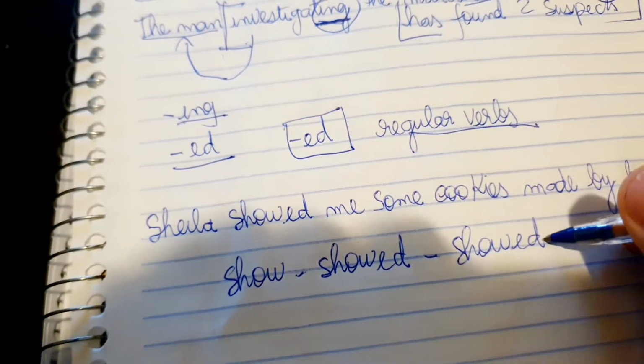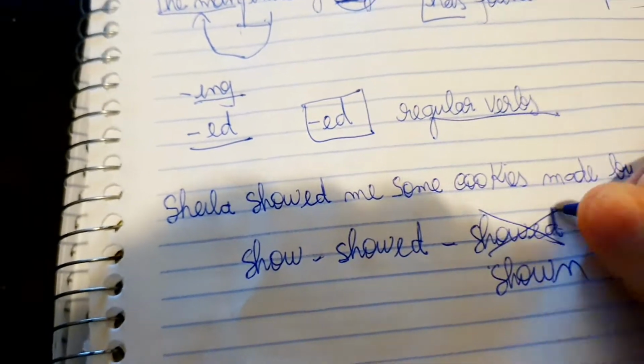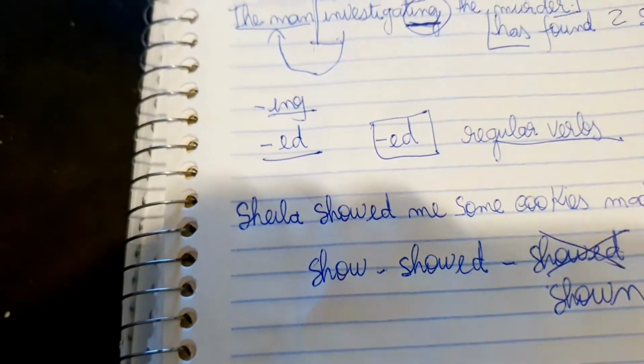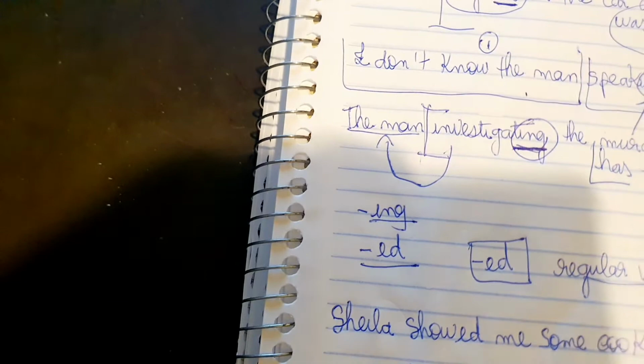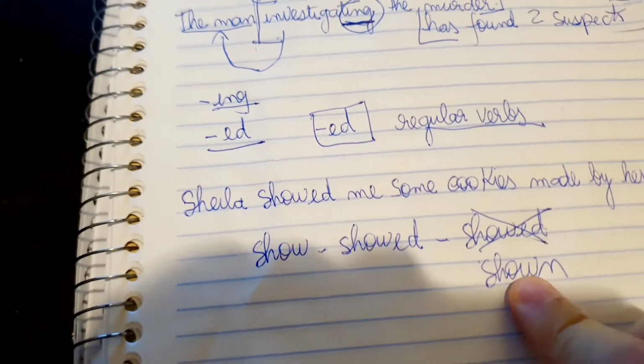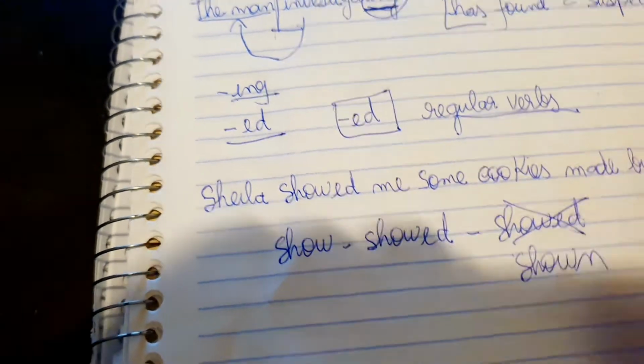So it's not pronounced differently. I wanted to check the pronunciation of shown. Shown, yes, it's the same pronunciation. It doesn't change much. Show, showed, shown. So this is the past participle.